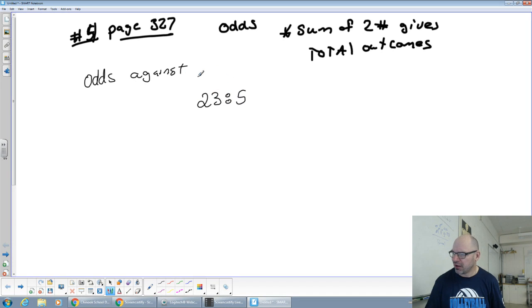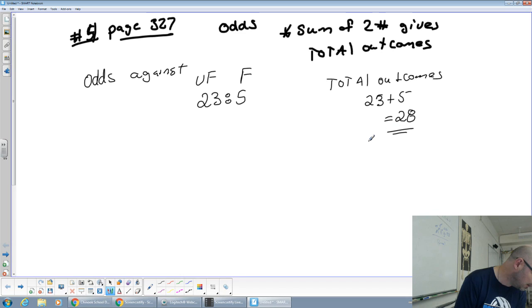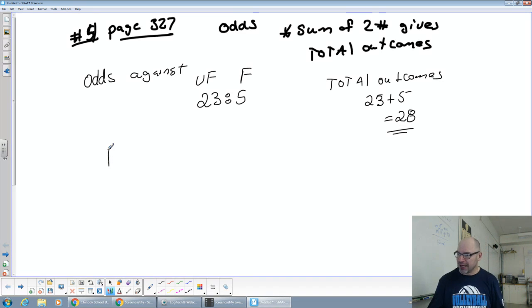So this is unfavorable and this is favorable. So the total outcomes would be 23 plus 5, which would be 28. So that's what goes on the bottom of probability. It says, determine the probability that he will win the tournament. So probability of winning is favorable outcome over total.